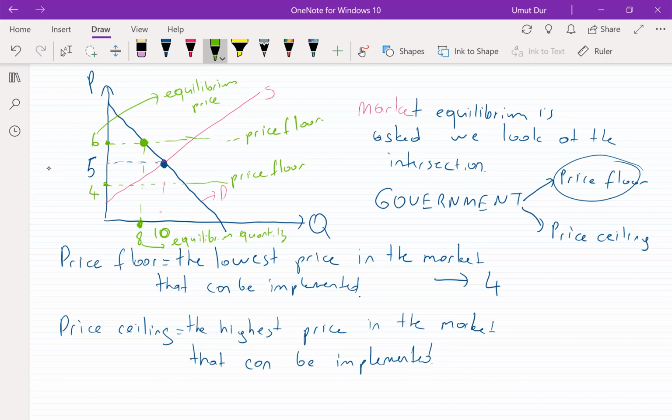So let me repeat this in Turkish. Bir markette taban fiyatımız varsa ve bu taban fiyatı free market equilibrium fiyatından düşükse, bu bizim marketteki transaction'ımızı etkilemez. Fakat bu taban fiyat equilibrium fiyatından yüksekse, tabii ki bu etkiler.